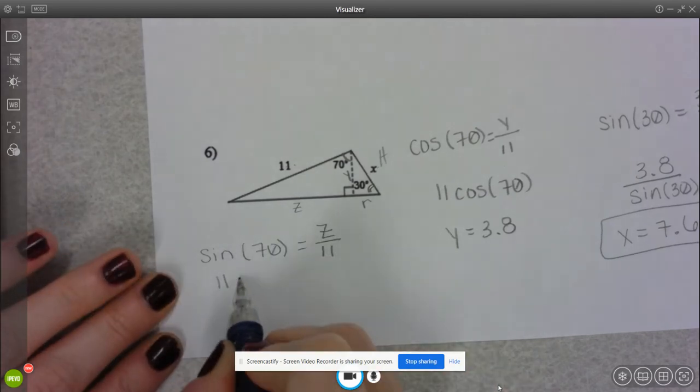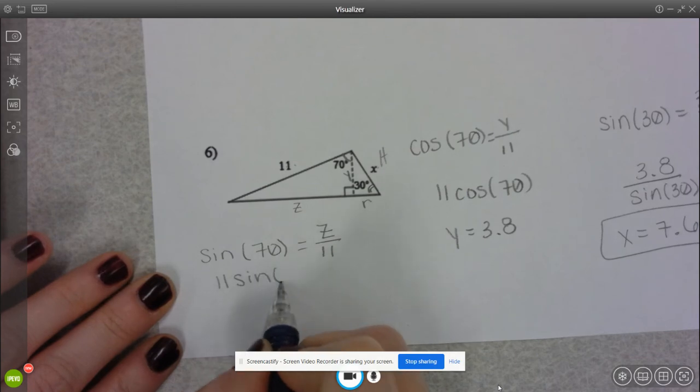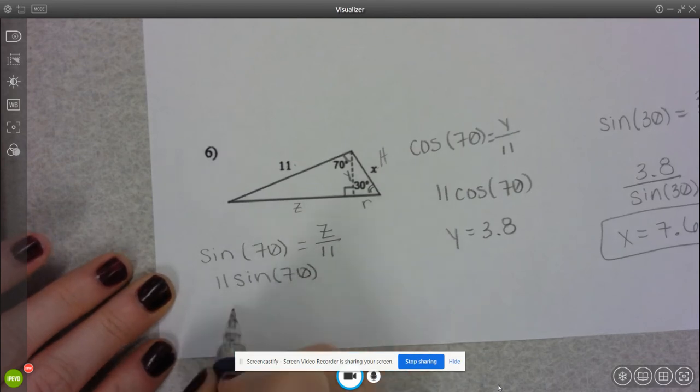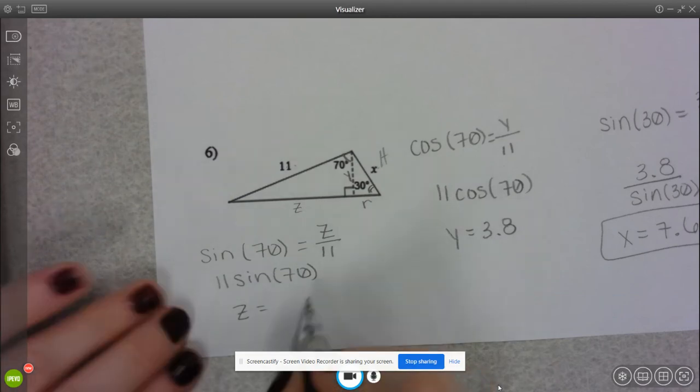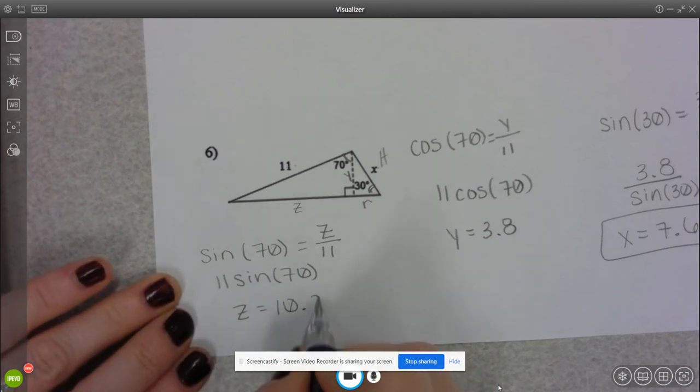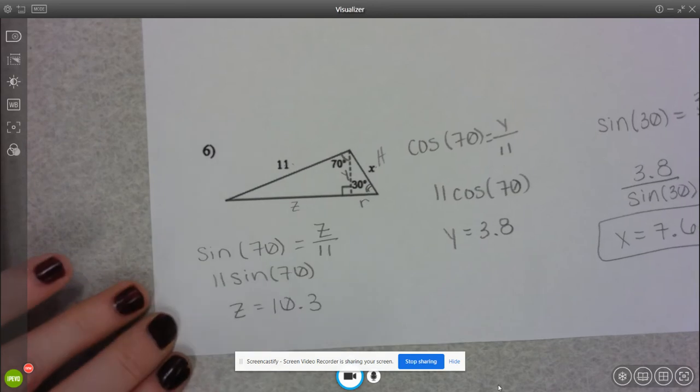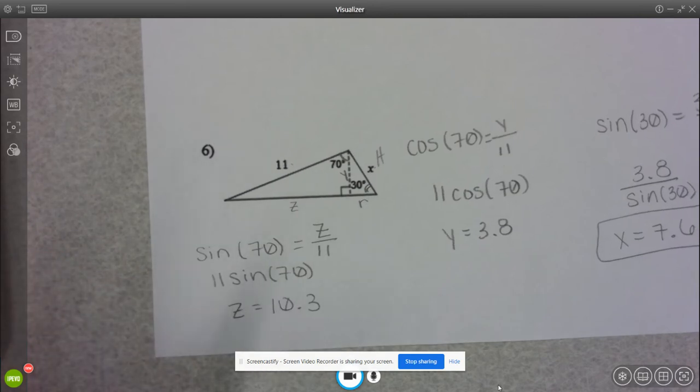So I would have 11 sine of 70. So z would be 10.3. Again, this is if the question asks you to find all missing sides.